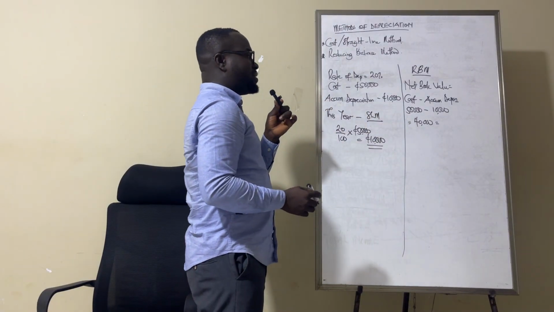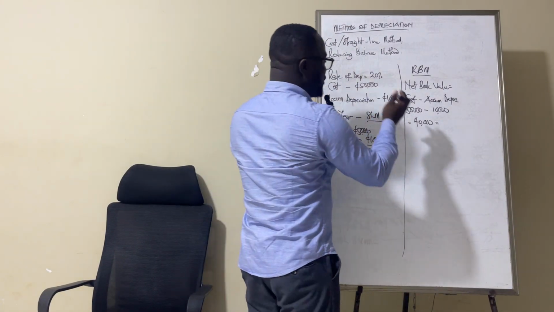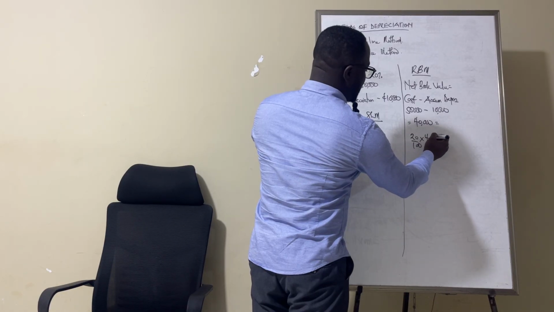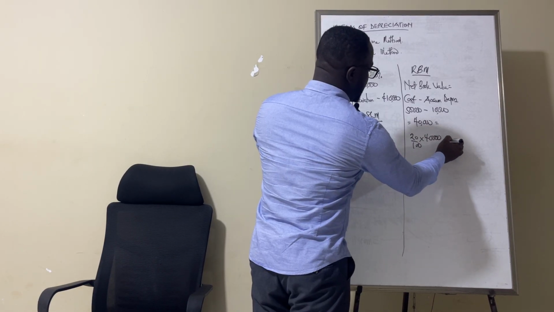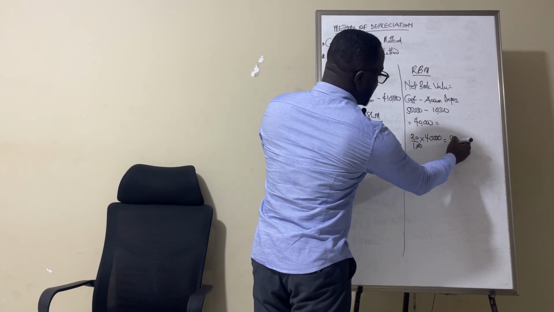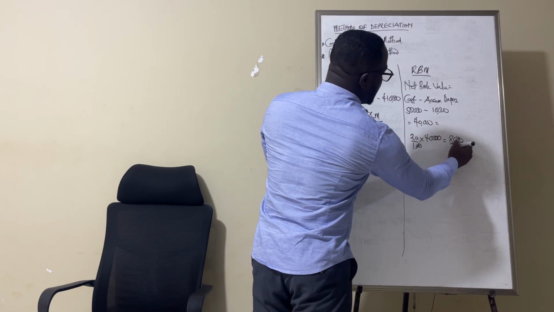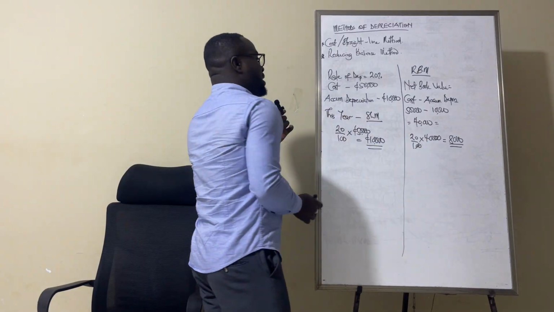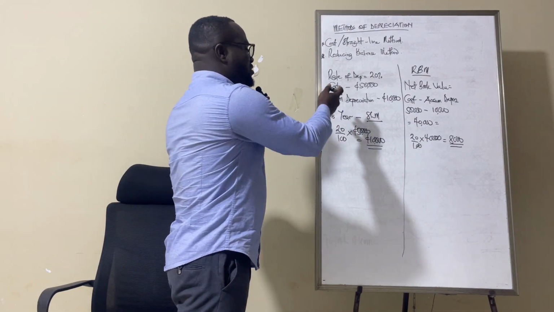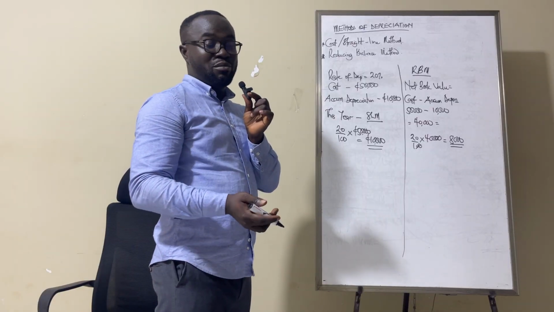So with the 40,000, so simple. What is the rate of depreciation? 20. So 20 over 100 times 40,000. This one will give us 8,000. So you see, with the reducing balance method, the depreciation amount is 8,000, and under straight line method is 10,000.